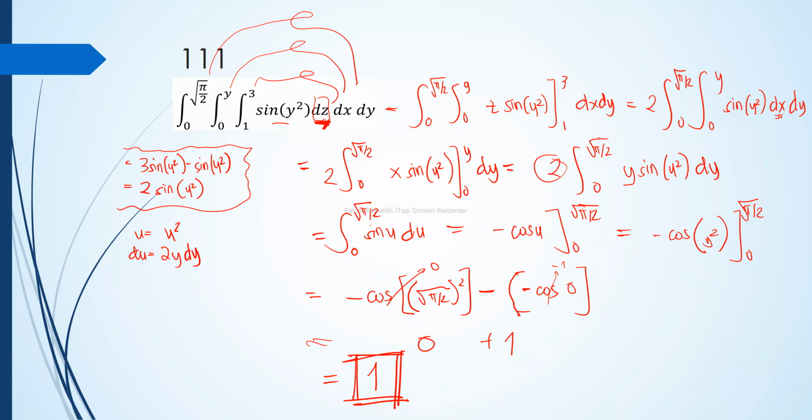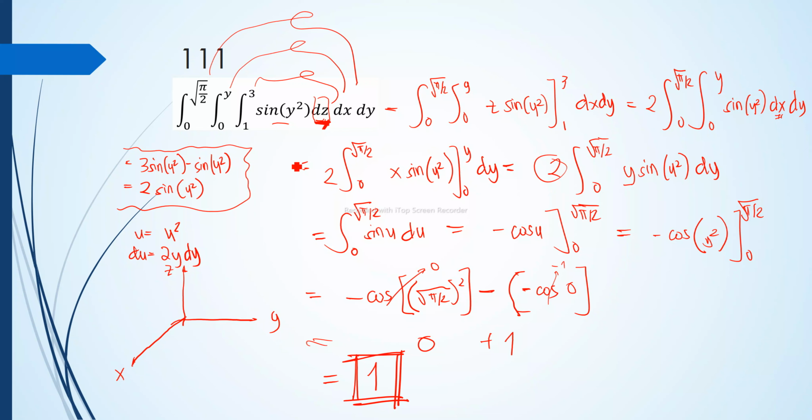Now in sketching this one, for the double and triple integral, you just look at the limits. Now for this one, we already have three axes. We already have our x, y, and z.